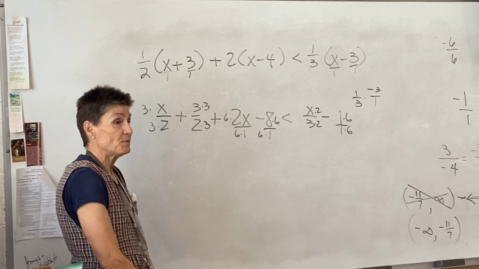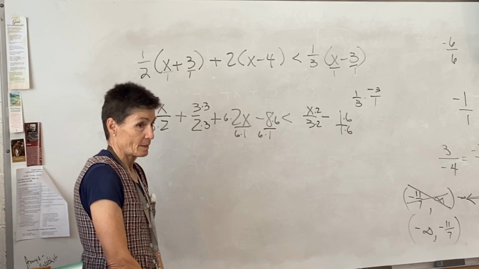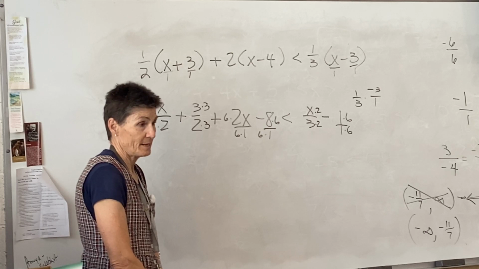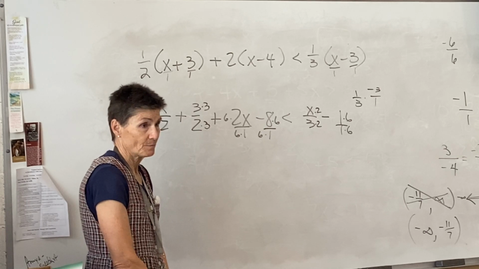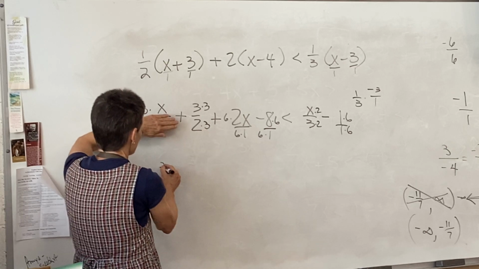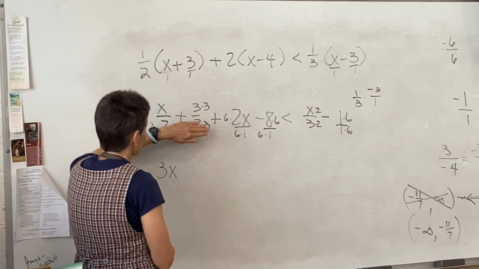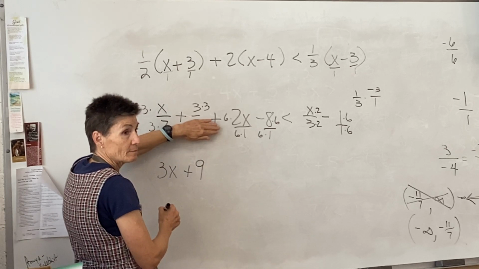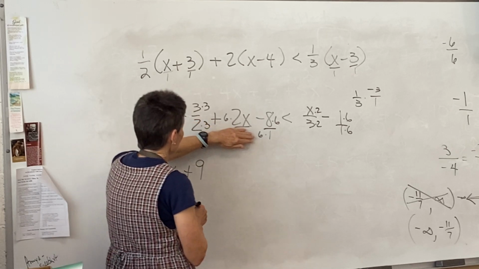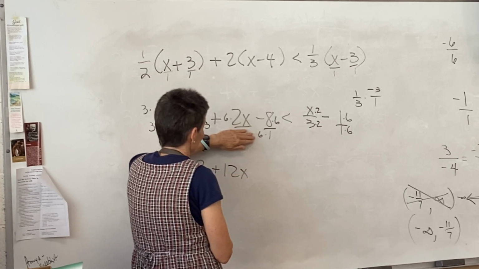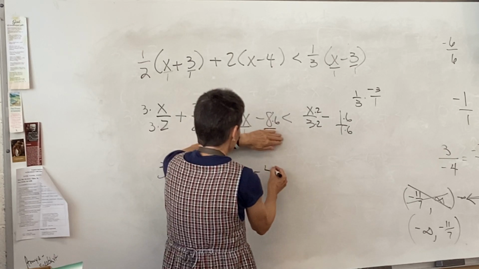But remember, at this point, can we drop all the denominators? Are they all the same now? So that's going to simplify a lot. Here I'm going to have just 3x. Here I'm going to have plus 9. Here I'm going to have plus 12x. Minus 48.